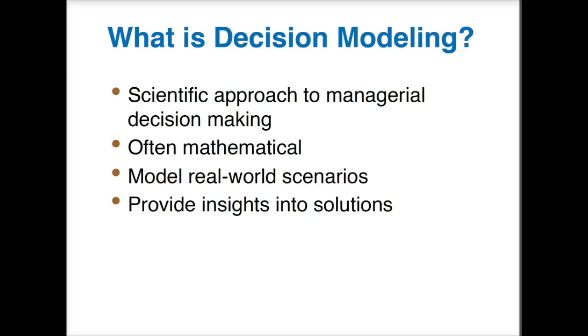And so by doing it mathematically, we also have a chance to change things with ease because the model is so abstract. And so then, of course, decision modeling also provides insight into whatever solutions you have. And so throughout this course, if you're watching the remaining videos I have on this, you'll see how we build on being able to see more and more into our model, interpret more information from our model so that we can make better decisions based upon the model that we have.